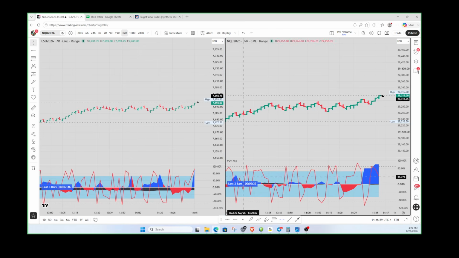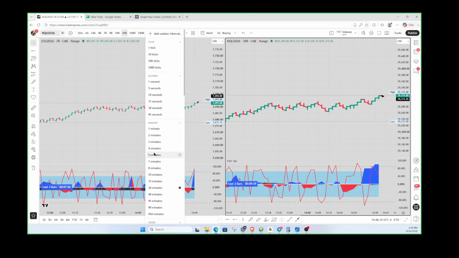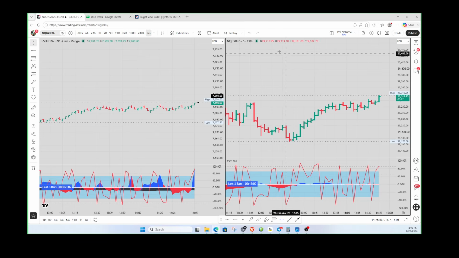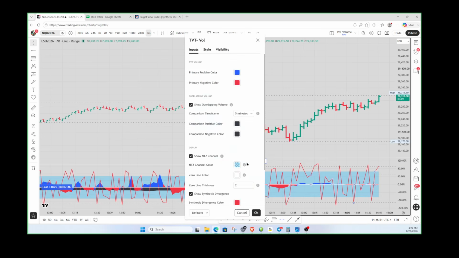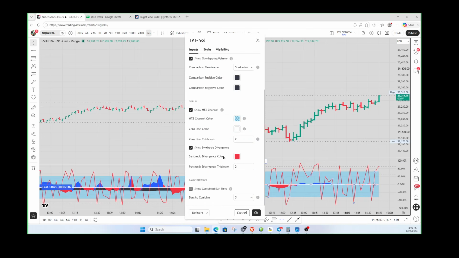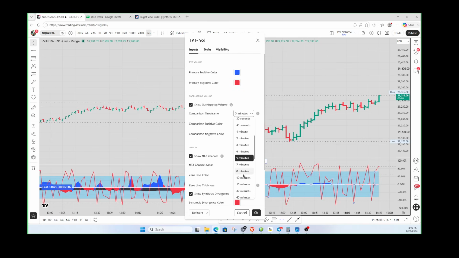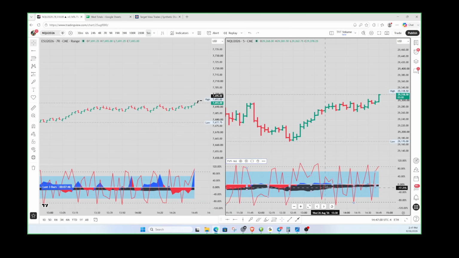So what I just showed right in here, let's do it this way. Let's take it off a range bar for a minute. Let's go to a 5 minute. Okay. So now this is a 5 minute chart, and the bottom is the longer term volume set to 5 minutes. So it's exactly like the chart volume. But if I go in here and shut off that thing on the bottom so it's not distracting you anymore, and I set this to 10 minutes, you can see the longer term volume is the black.